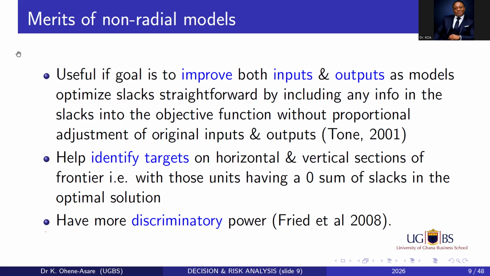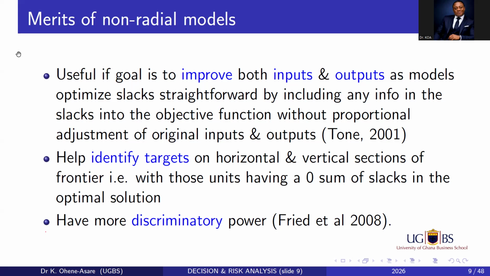If you are trying to optimize the slacks, it is straightforward by including any information in the slacks into the objective function without a proportional adjustment of the inputs and outputs. And that is a unique feature of the non-radial models.